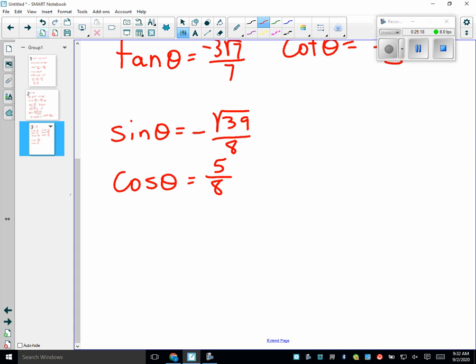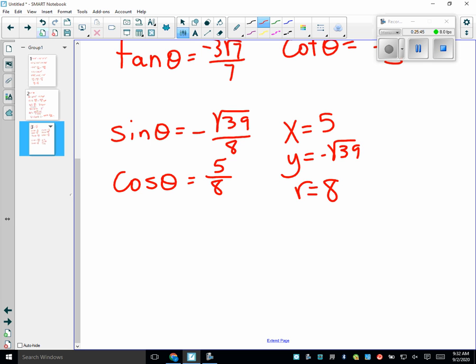I have a question. What quadrant should I be in? What is x? 5. What is y? Negative radical 39. What is r? 8.